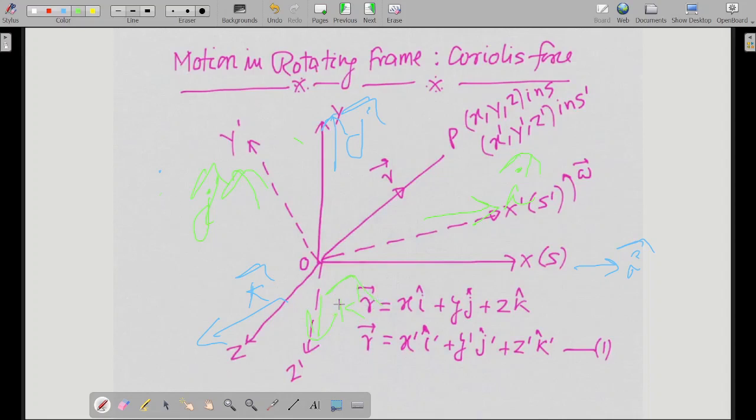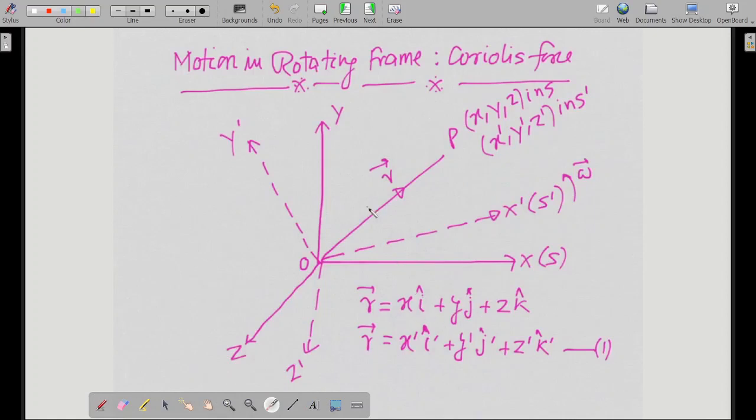So you must remember this thing. So r equals x i cap plus y j cap plus z k cap, and also r equals x prime i prime cap plus y prime j prime cap plus z prime k prime cap. This is suppose your equation number 1, with respect to this S prime frame.